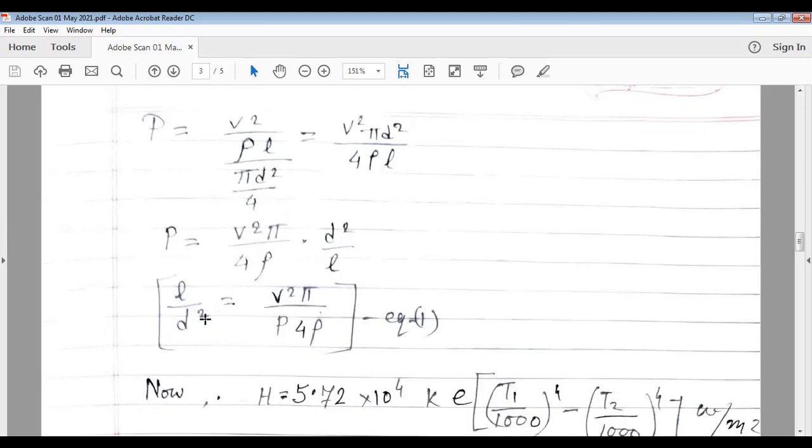So L by D square is V square into pi by P into 4 into rho. This is our equation 1.